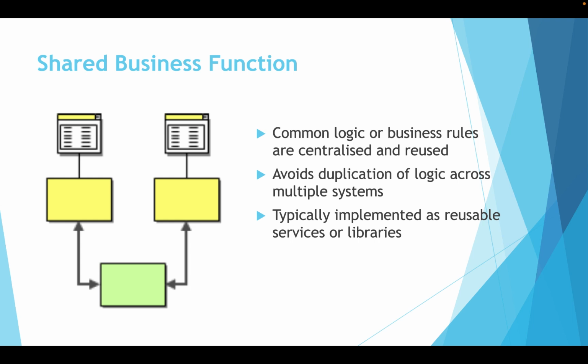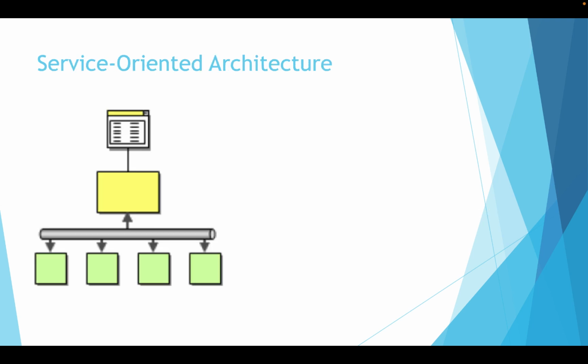Put it this way: in shared business function we have centralized common logic, so we do not need to rewrite the same functionality in multiple applications. It helps us reuse the same service, ensures consistency, and reduces maintenance effort as well. Okay, let's move on to the next one.